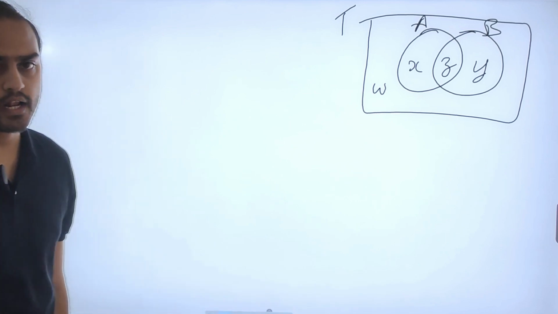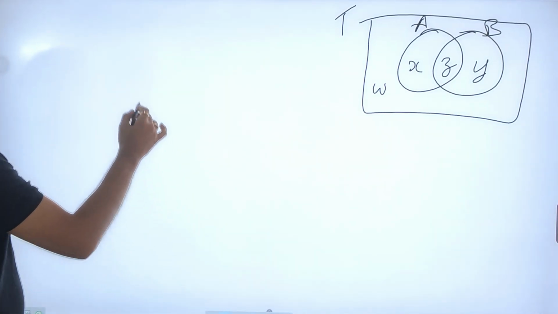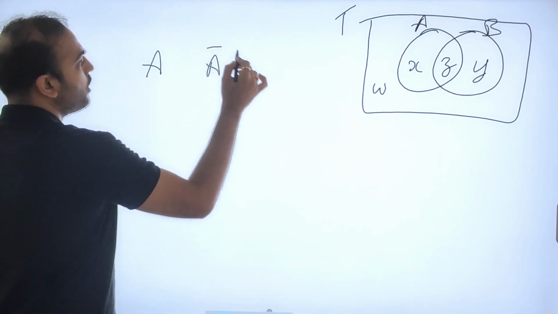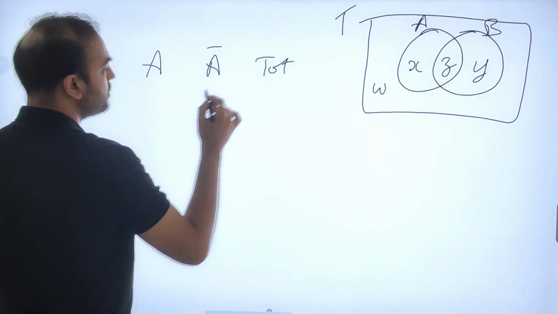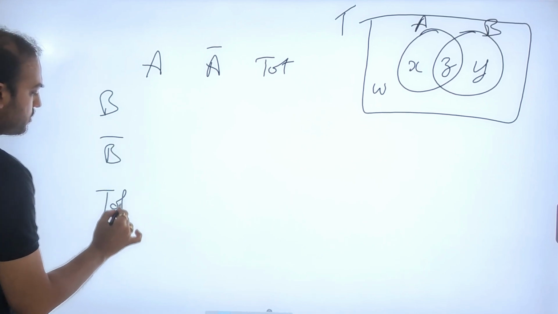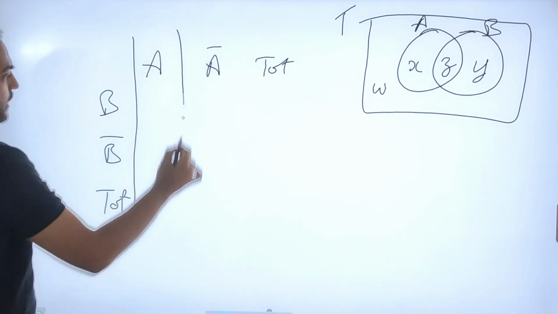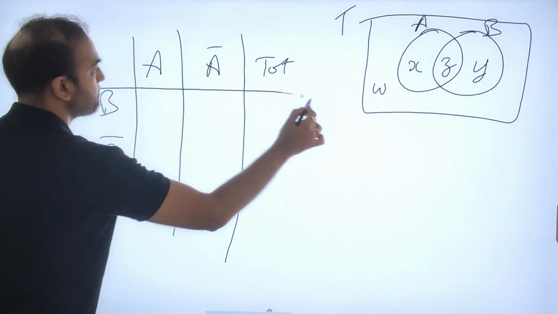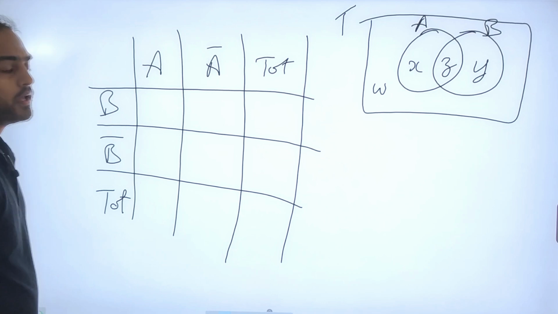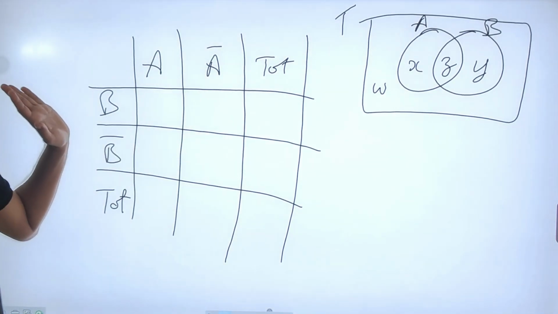So this is our Venn diagram. The way to make a matrix table is I will write A, not A, total, B, not B, total. This is my matrix.